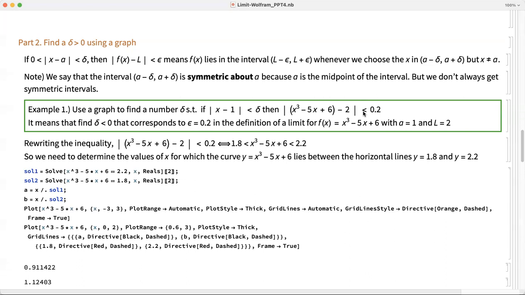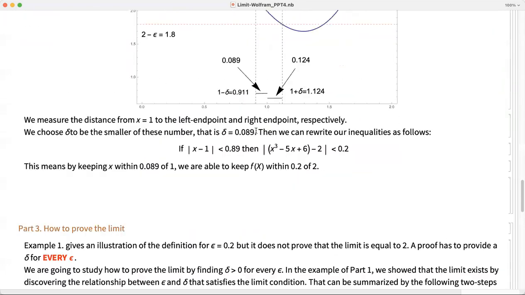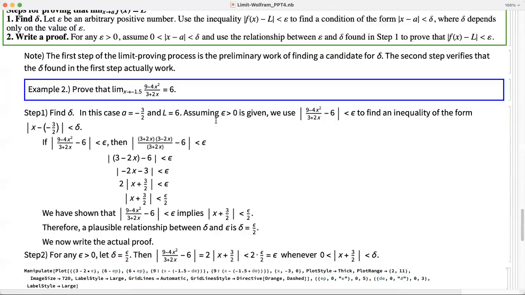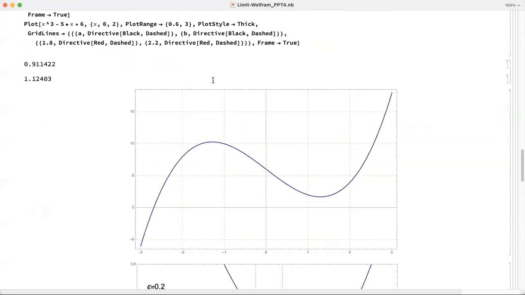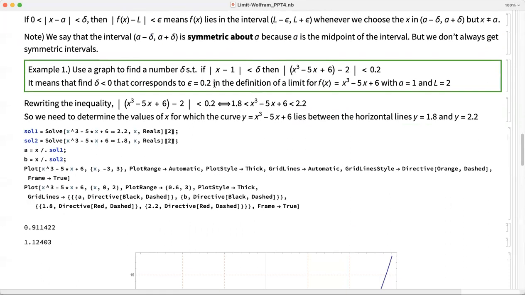Probably you could find delta using the two-step process we covered earlier.